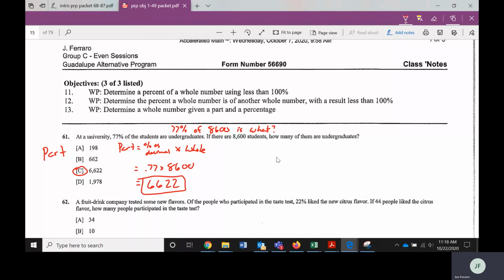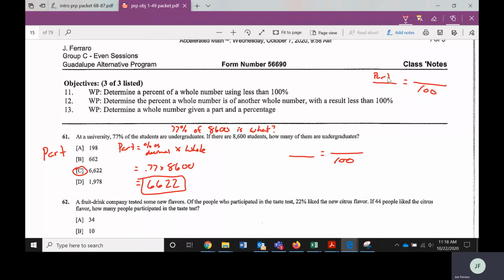Okay, so right there. The other way of doing it, remember, is you set up the percent formula, and remember you set it up like this every time, no matter what you're looking for, part, percent, or whole. I'll just copy this at the top so we know the items involved here.